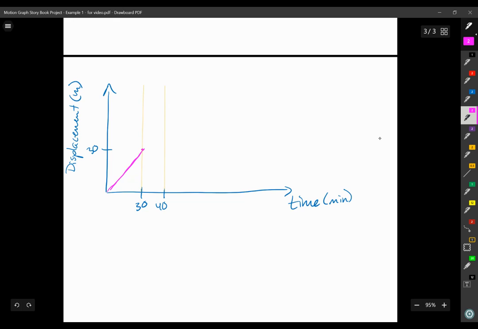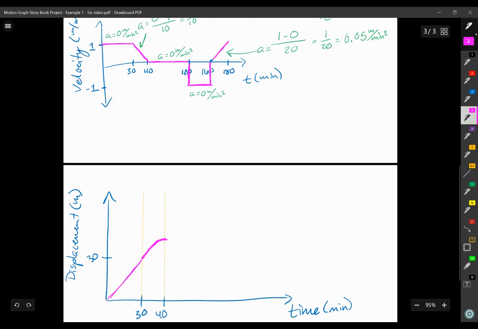I'm going to start with the same slope I had over here, and it's just going to slowly become flat. Something like that. Okay. So that's for the second part. It becomes flat because we end up at a velocity of 0 here at 40.